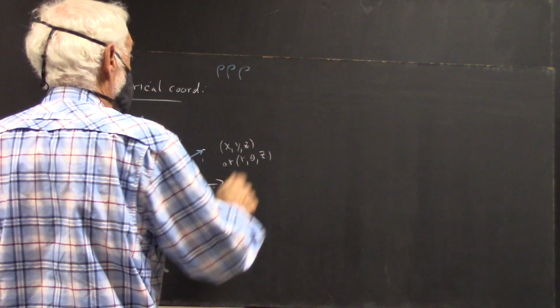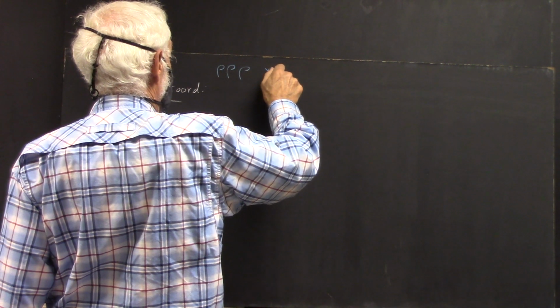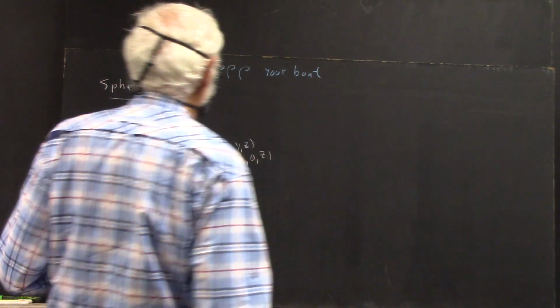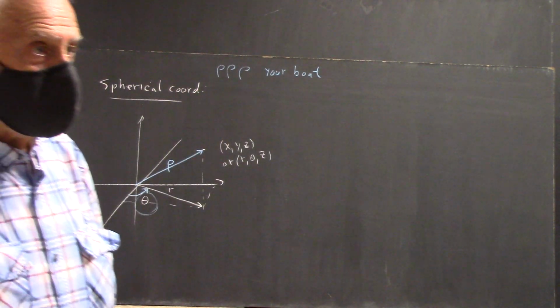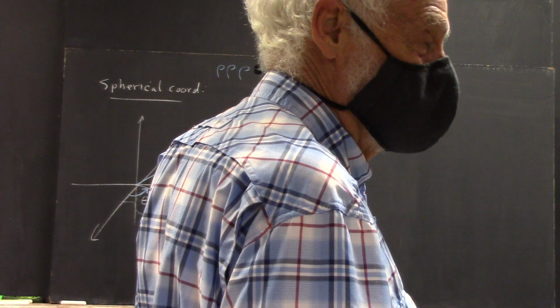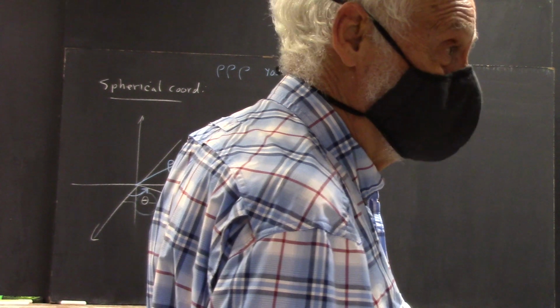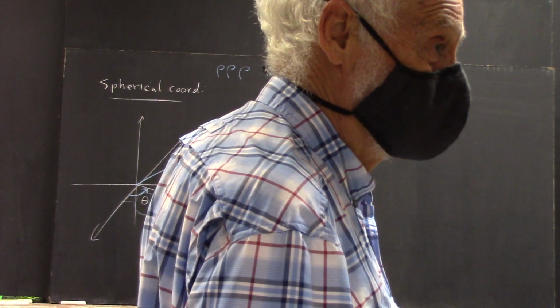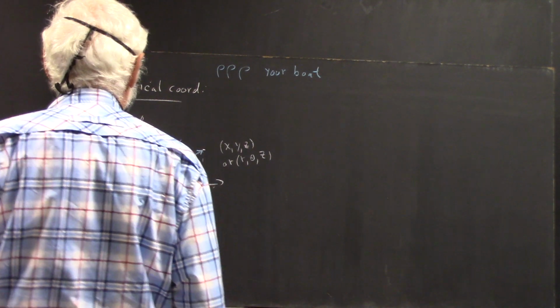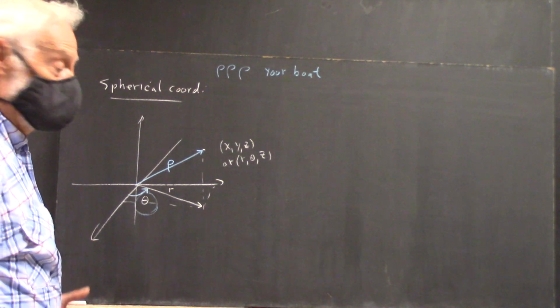And also, you don't want to mispronounce it. If you pronounce it P, it's something you don't want to do. Okay? Row your boat. That's how it's pronounced, okay? Don't call it P. So, there's your cylindrical coordinate.